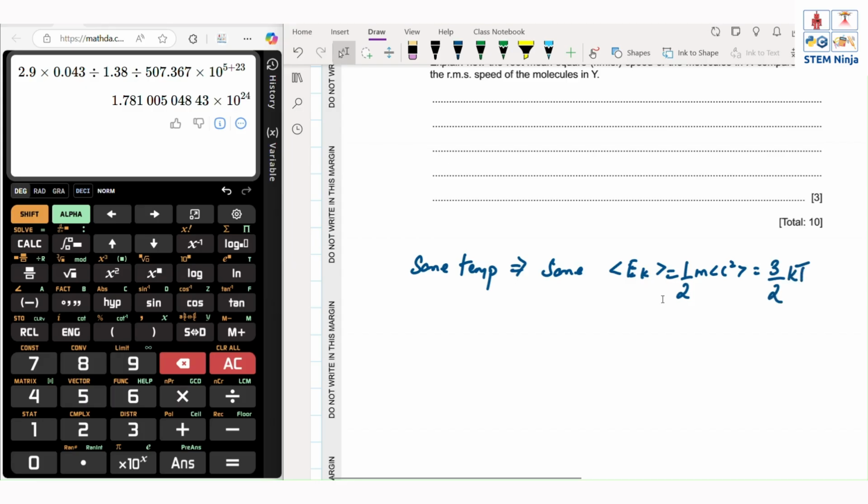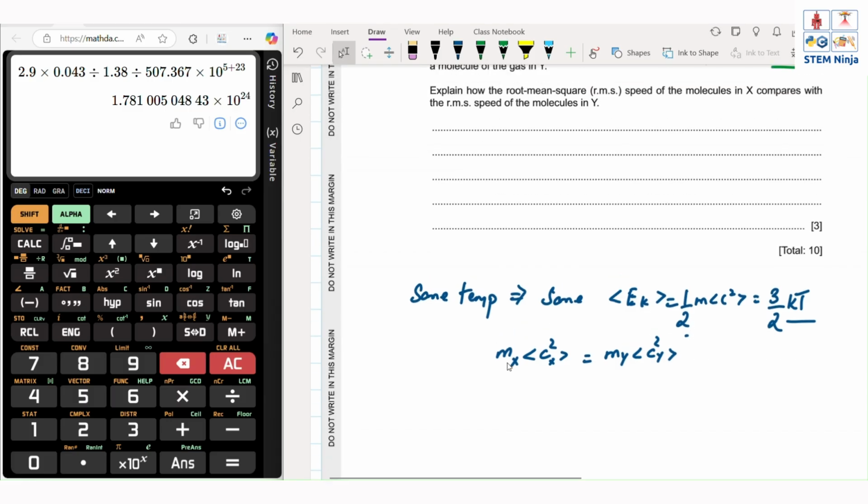So this means that they will have the same relationship. So m_X c squared_X will be equal to m_Y c squared_Y. Obviously we don't need to concern ourselves with 3/2 kT because this is a constant, and not even 1/2.